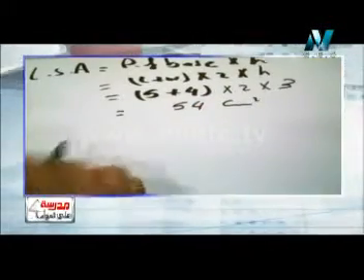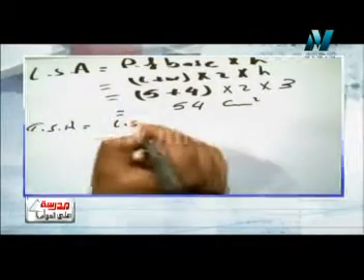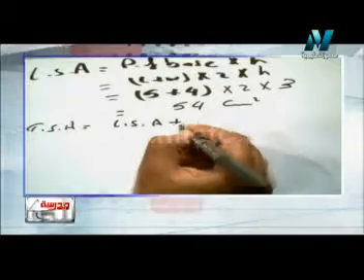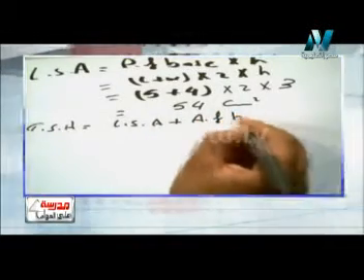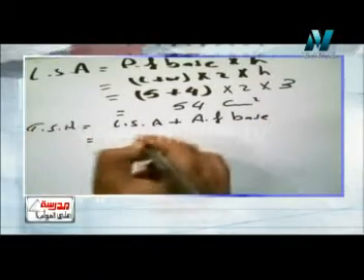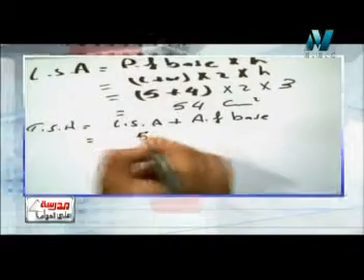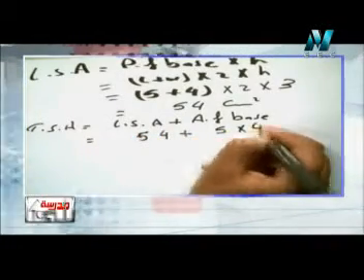How to find the total area? Total surface area of a cuboid equal lateral surface area plus, not 2 times area, but area of base, because we have only one base. Equal lateral surface area equal 54 plus area of base equal 5 times 4.